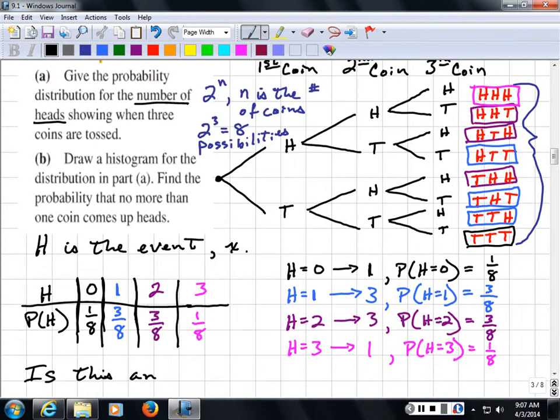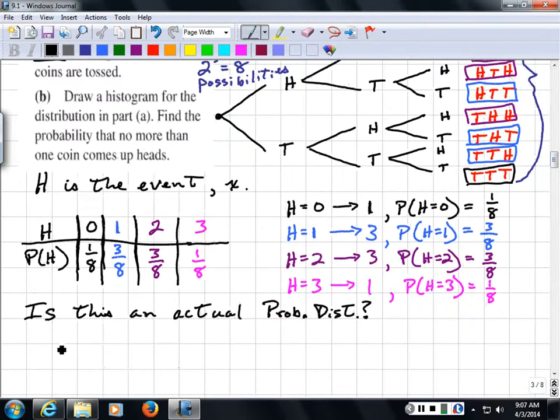All right, is this an actual probability distribution? So yes. And the reason being, let's get rid of that first.